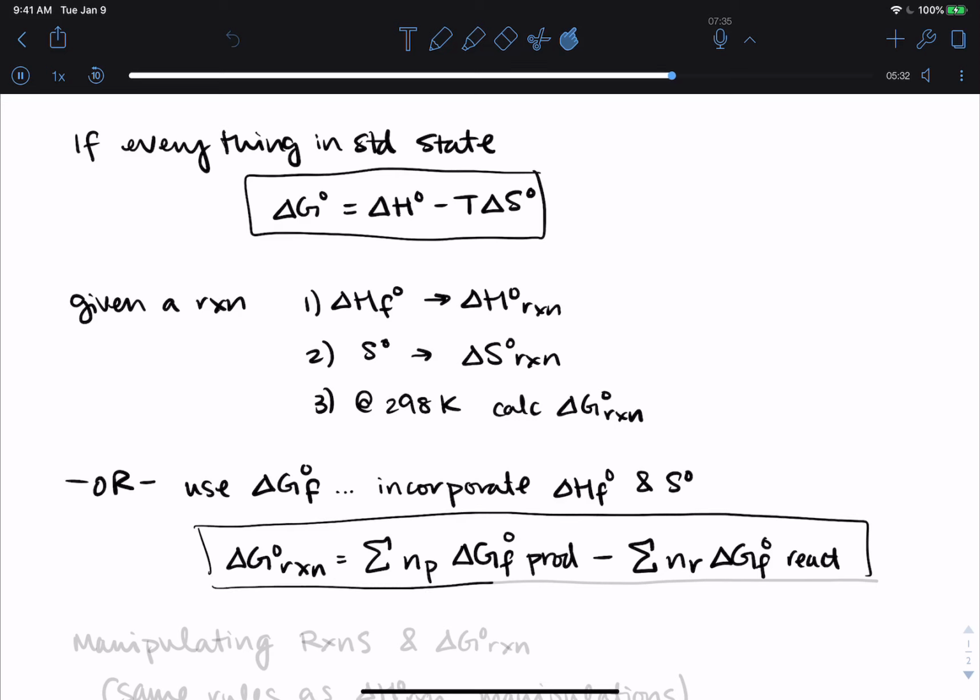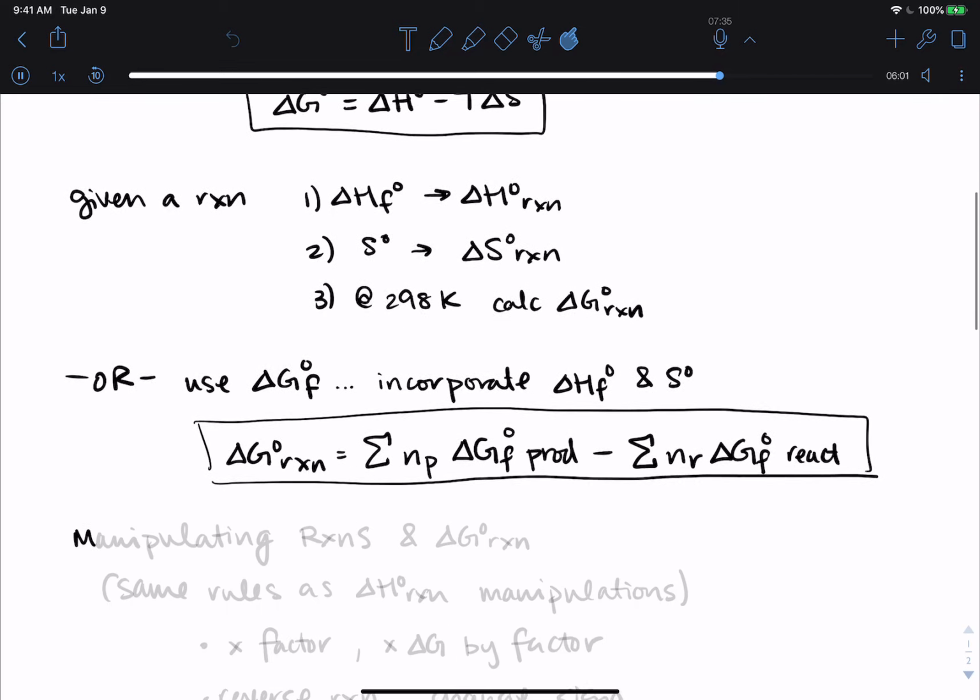It has everything incorporated, and it is entirely up to you which way you get these. Now, as you know, with test questions, you're very likely to be asked first to find delta H, and then part B will be to find delta S, and then part C will be to find delta G. But if all you need is the delta G value, you can get it directly from here.